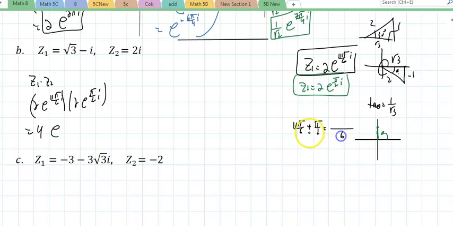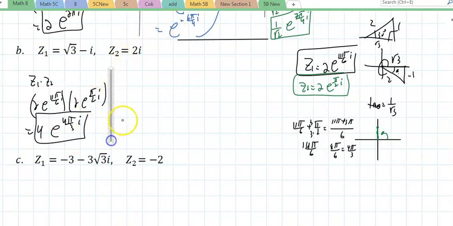All over 6, that's 11 pi plus 3 pi, which is 14 pi over 6. But 14 pi over 6 is bigger than 2 pi. So minus 6, that's 8 pi over 6, which is 4 pi over 3. Done deal.